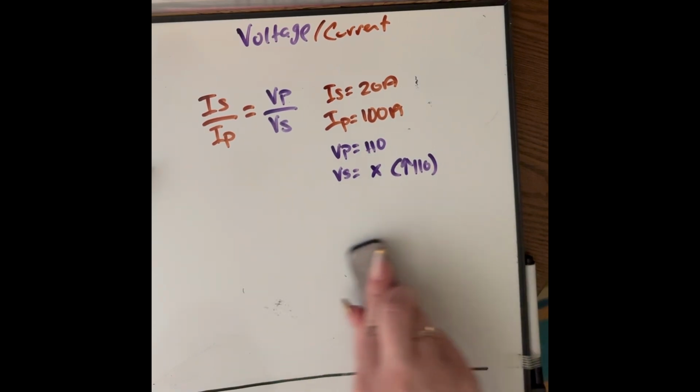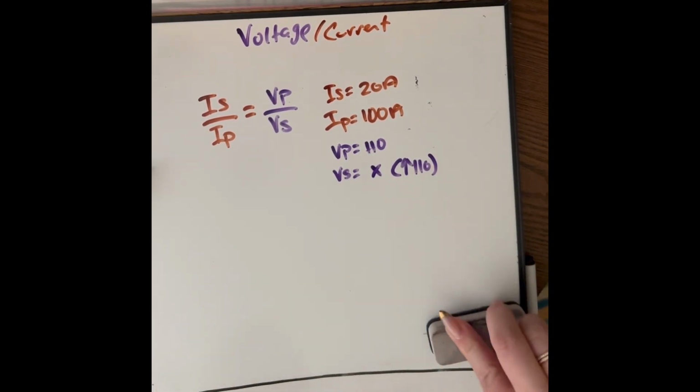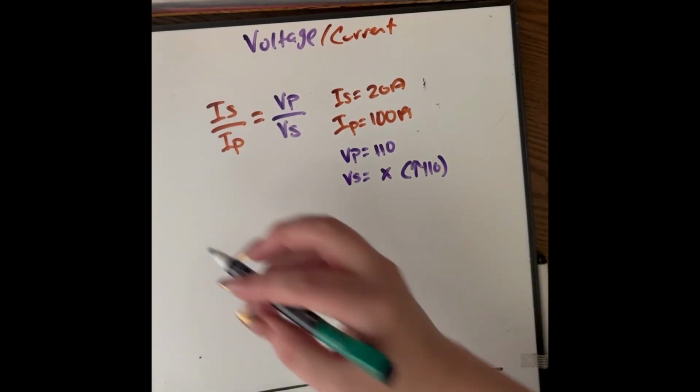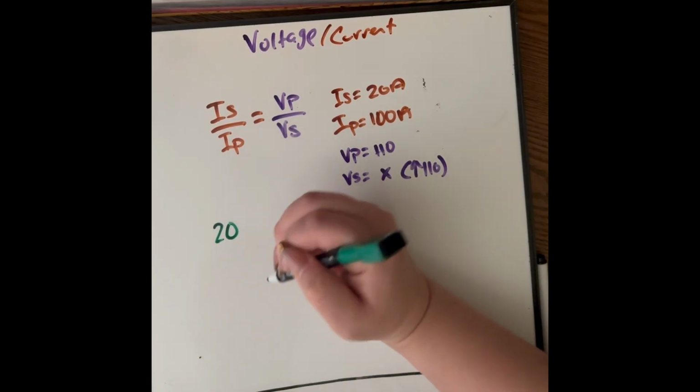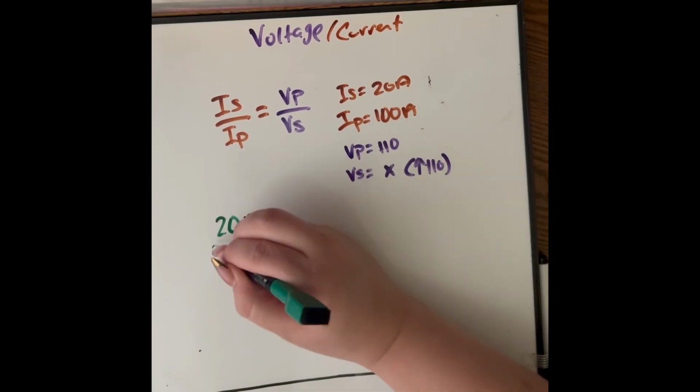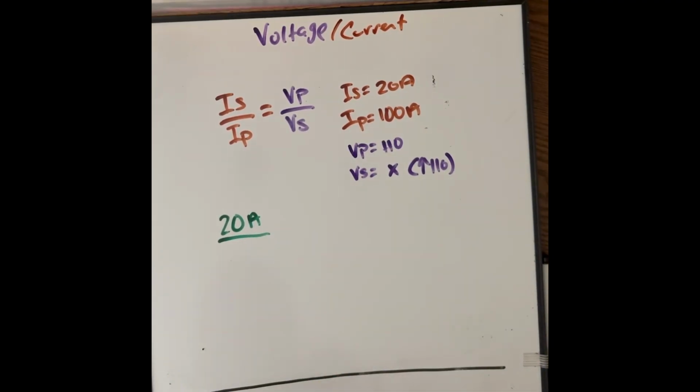Now, you don't really have the luxury of using different colors when you are taking your test. But hopefully by then you'll have practiced this enough that you're good to go. I am just going to use a neutral color here, and we're just going to use this green. So my IS is 20. That's my secondary amperage. If you want to put your A there and your V's, that's totally fine.